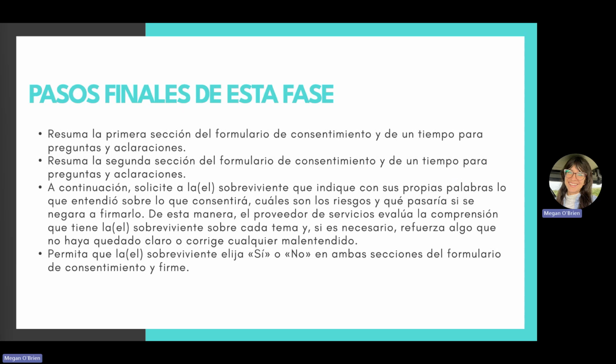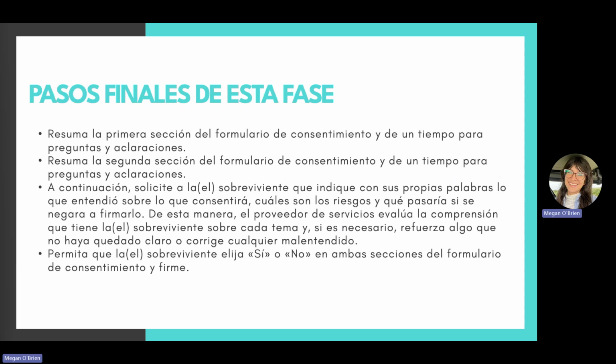The final steps of informed consent, once you've gone through the process of explaining processes and answering questions from the survivor, is to summarize the first section of the consent form, allowing time again for questions and clarifications of individual points. You'll summarize the second section of the consent form, allowing time for questions and clarifications, again, of individual points.